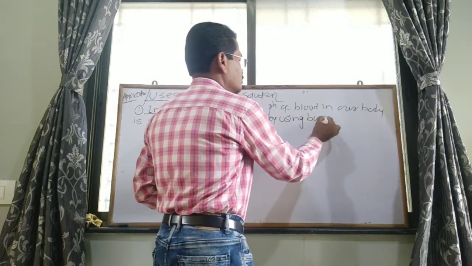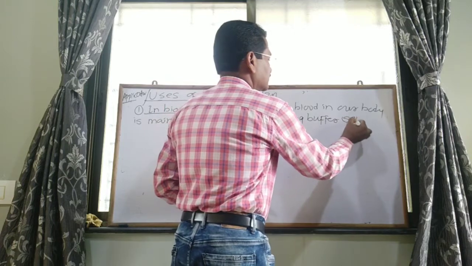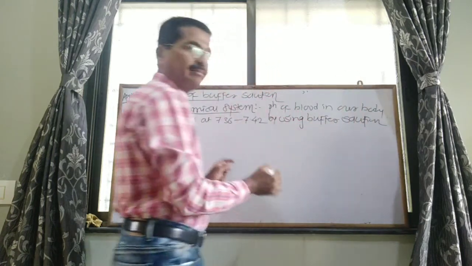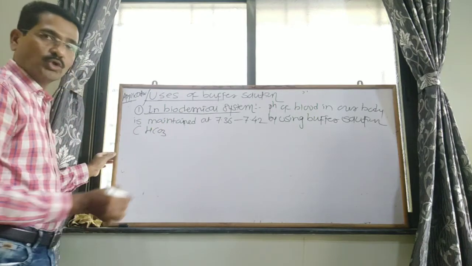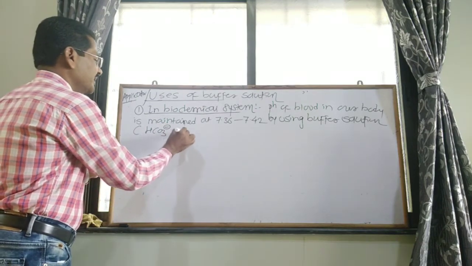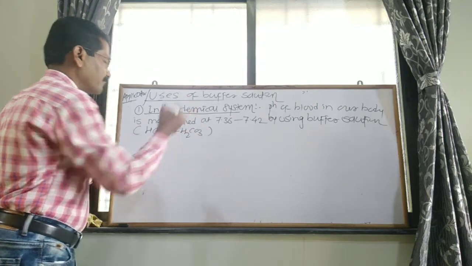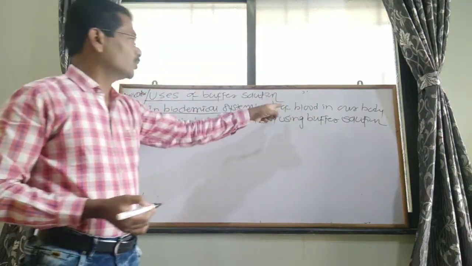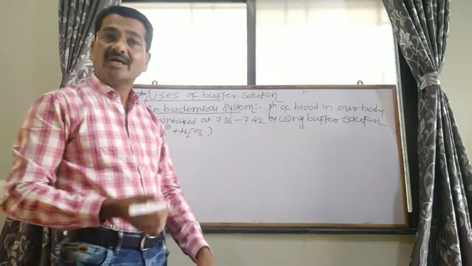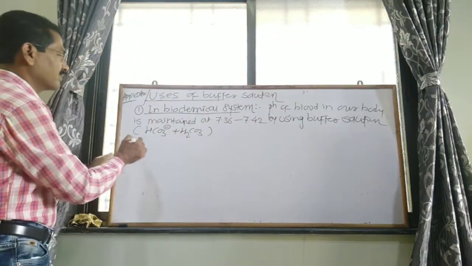That buffer solution is HCO3 minus plus H2CO3. The mixture of both is the buffer solution, which is used to maintain the pH of blood in our body. So that is the biochemical system purpose.